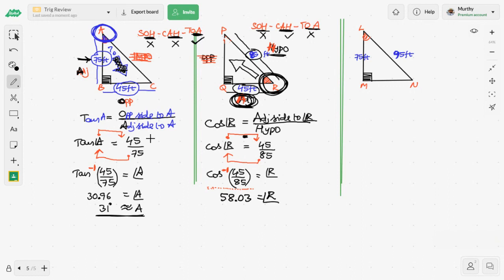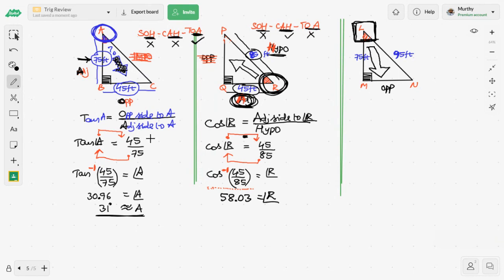So the next question, I left it for you, but I'm giving a clue. Always draw the arrow marks to identify what it is. I see that this is opposite, and you are asked to find angle L, right?